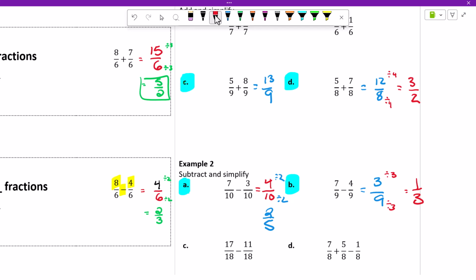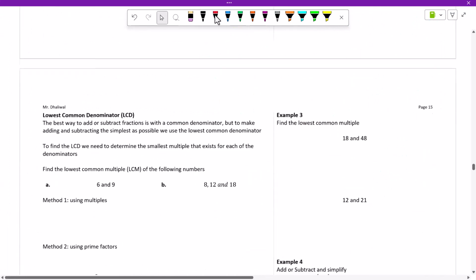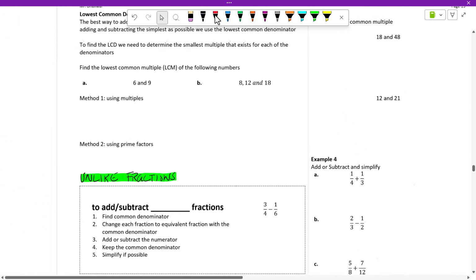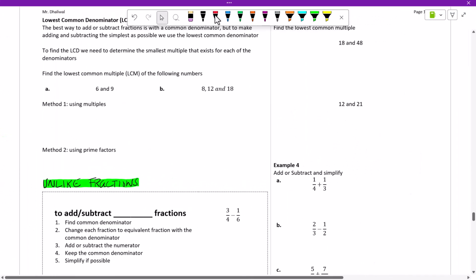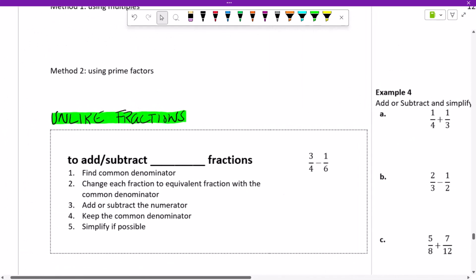The hard part was on the back side. Okay, I'm going to skip around. I'm not going to do all this in order. So the hard part was when the denominators were different.